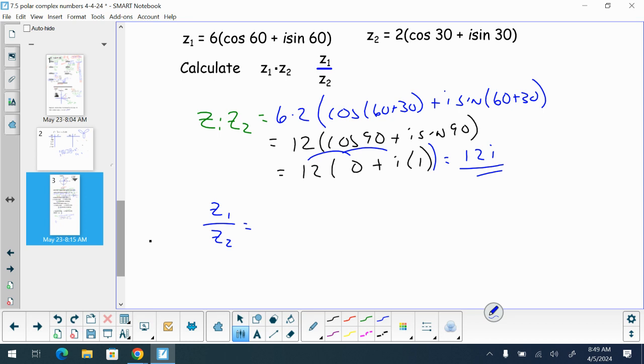Z1 divided by Z2. Once again, when you subtract your angles, you always go, what is my top value minus what is my bottom value? So I'm going to go theta 1 minus theta 2. So I'm going to subtract them.